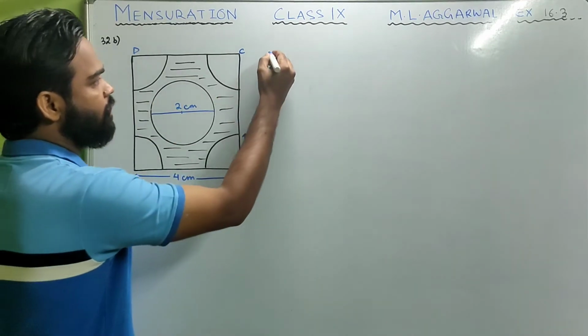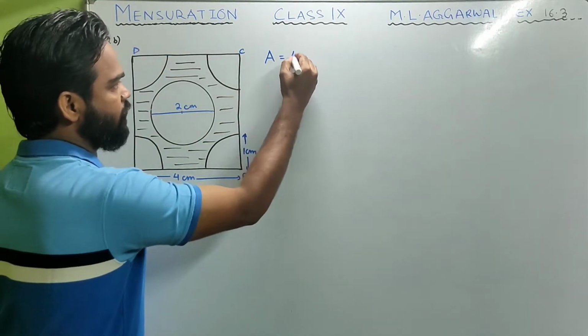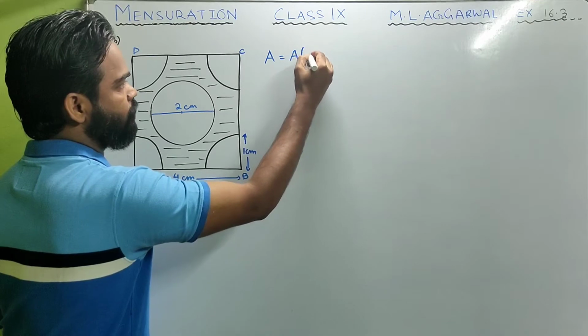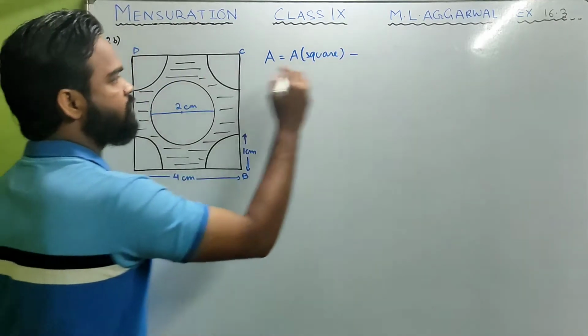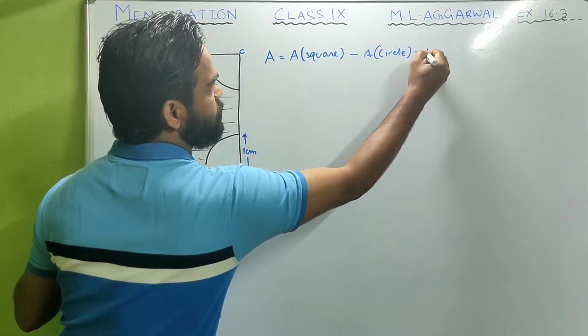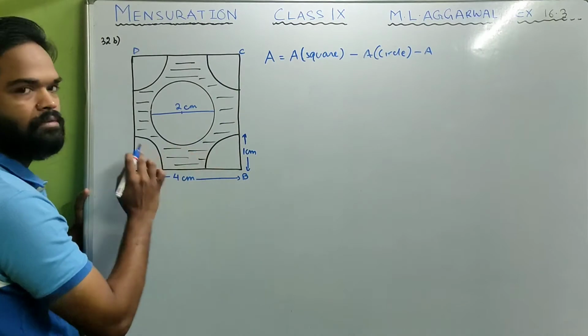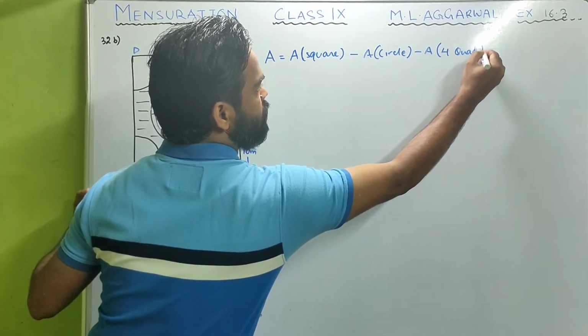Pretty easy. Area of shaded region will be area of the square, just look carefully, minus area of a circle, minus area of 4 quadrants, isn't it?